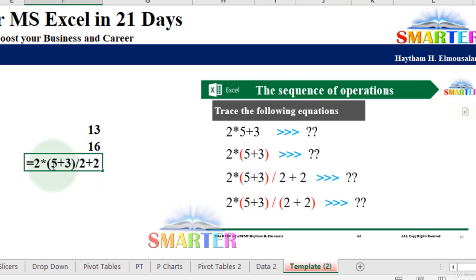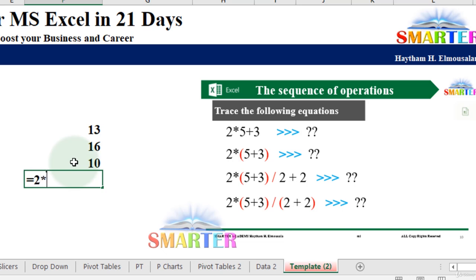So the first operation will be 5 plus 3 is 8. 8 by 2 is 16. 16 divided by 2 is 8 plus 2 is 10. So the final result will be 10. Okay, that's right.